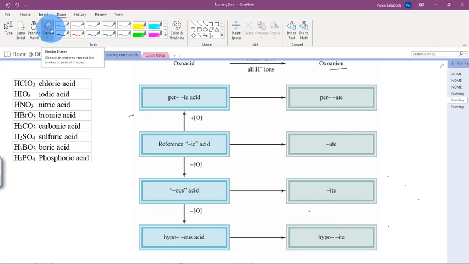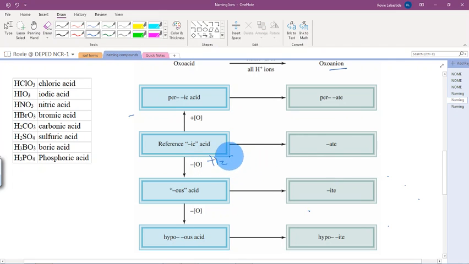Now this time, let's use H2CO3 or carbonic acid. H2CO3 is carbonic acid. So if we remove the hydrogen atoms, it will become CO3. Now, since this is an ion, the CO3 must have a negative net charge.